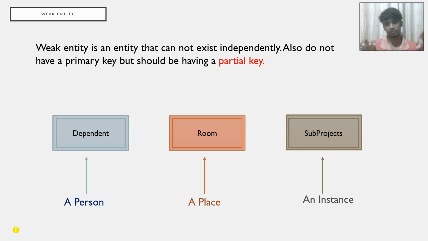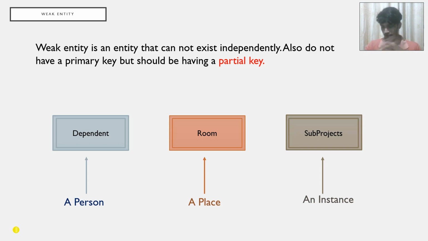And maybe there will be some hotels which do not have rooms. It's not the general scenario, but imagine there are some hotels that do not have rooms, so that can exist. But if we are considering a room, then there should be some kind of hotel, otherwise there will be no meaning for it.